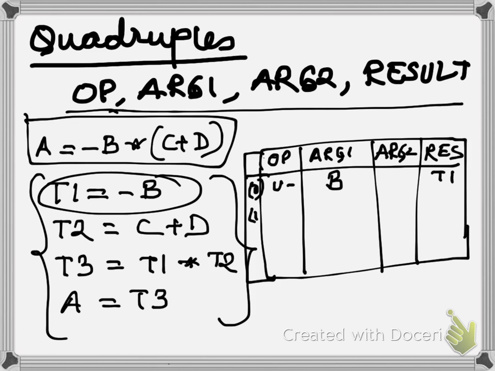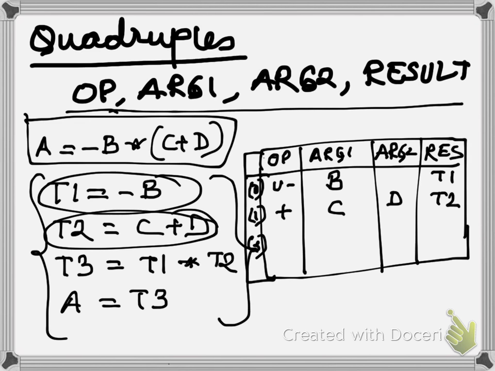For the second one, this is 1, that is this statement. The operator is binary plus, the first argument is C, the second argument is D, and the result is stored in T2. For the third one, 2, the operator is multiply, the first operand is T1, the second operand is T2, and the result is stored in T3.